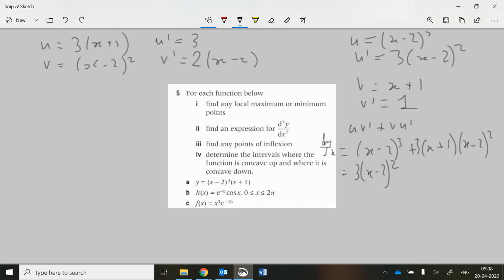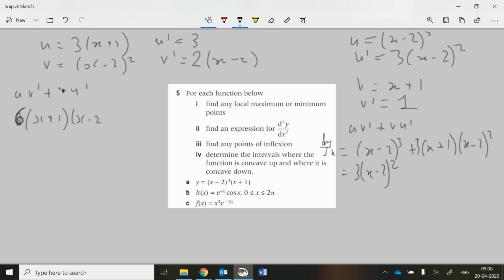So there we go. Now we do u v dash plus v u dash. Okay, and u in this case is 3x plus 1. V dash is 2, so let me put a 6 in front there.